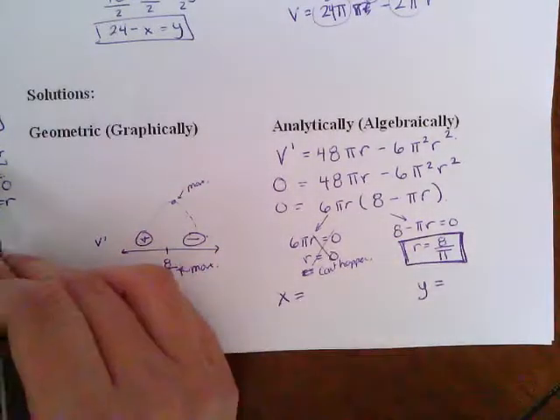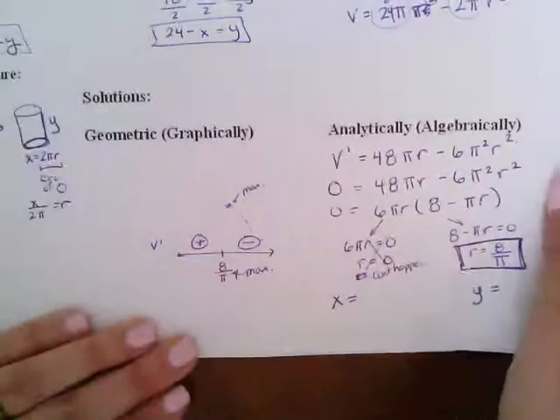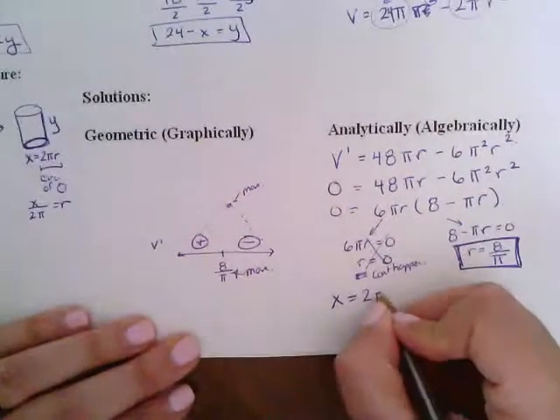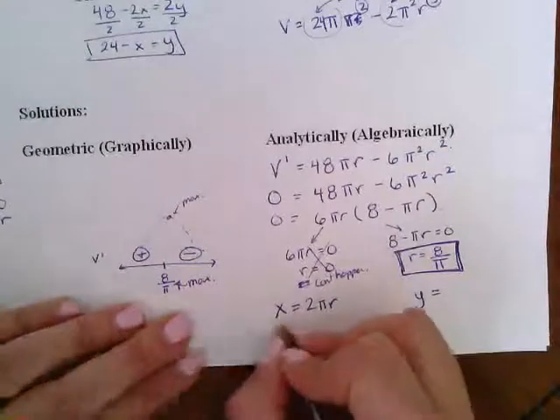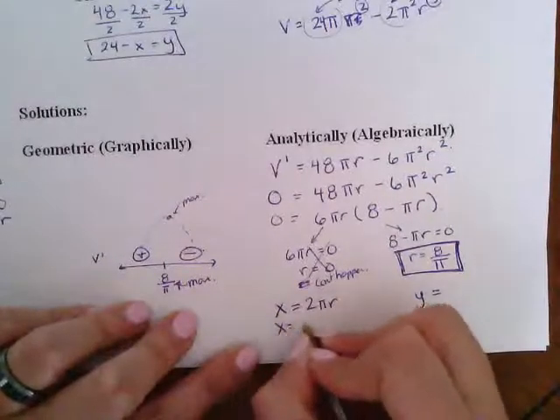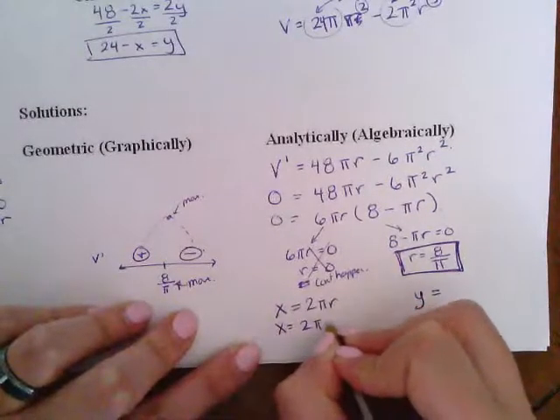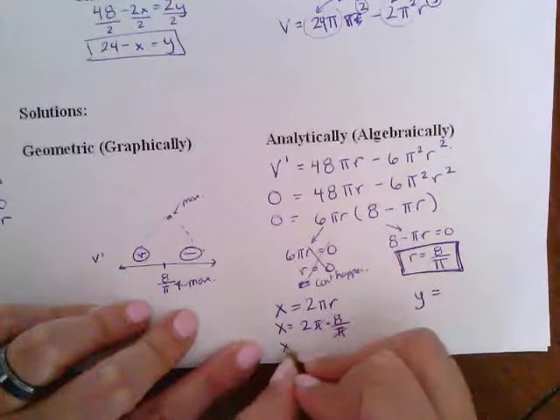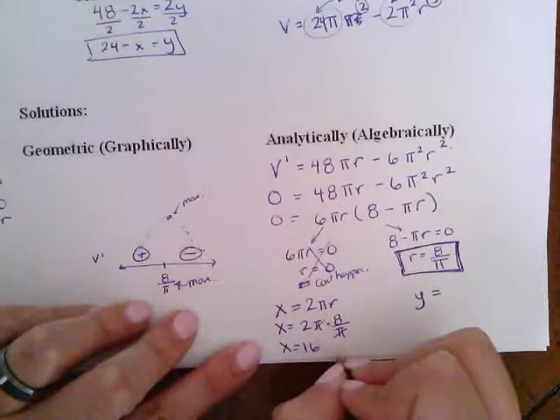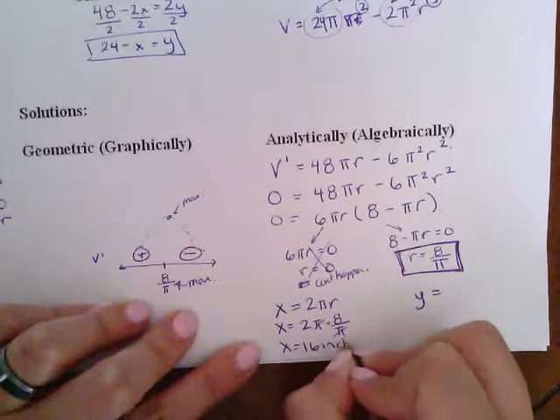I do. I already know that x equals 2 pi r. So basically x is going to be 2 pi times 8 over pi. So the pi's cancel out, so x is 16. And that is going to be in inches.